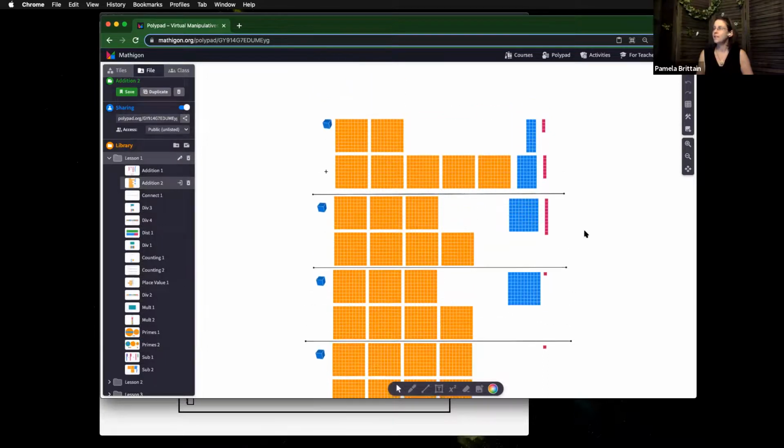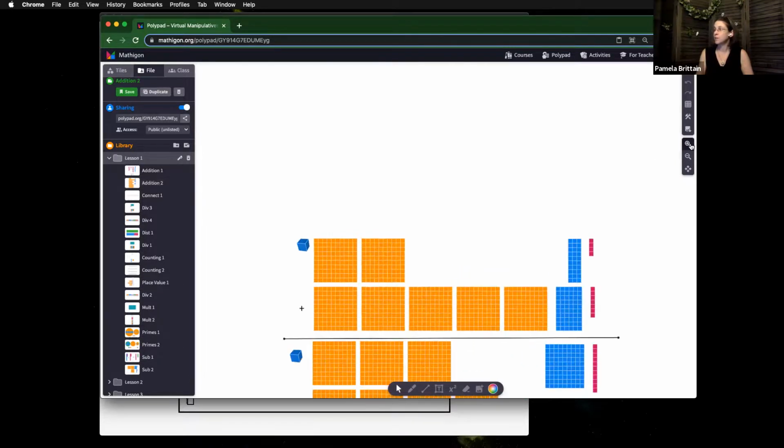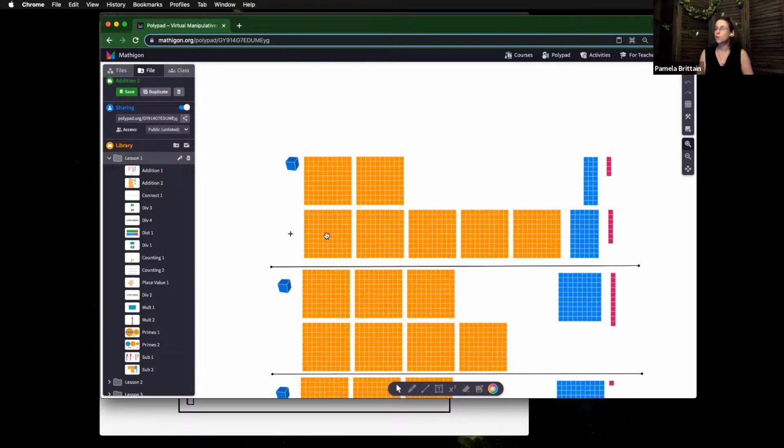We can see at the top level here that we have 1,000, 2 100s, 3 tens, and 4 ones. We'll zoom in a little to make it a bit clearer. And we are adding that to 5 100s, 6 tens, and 7 ones.